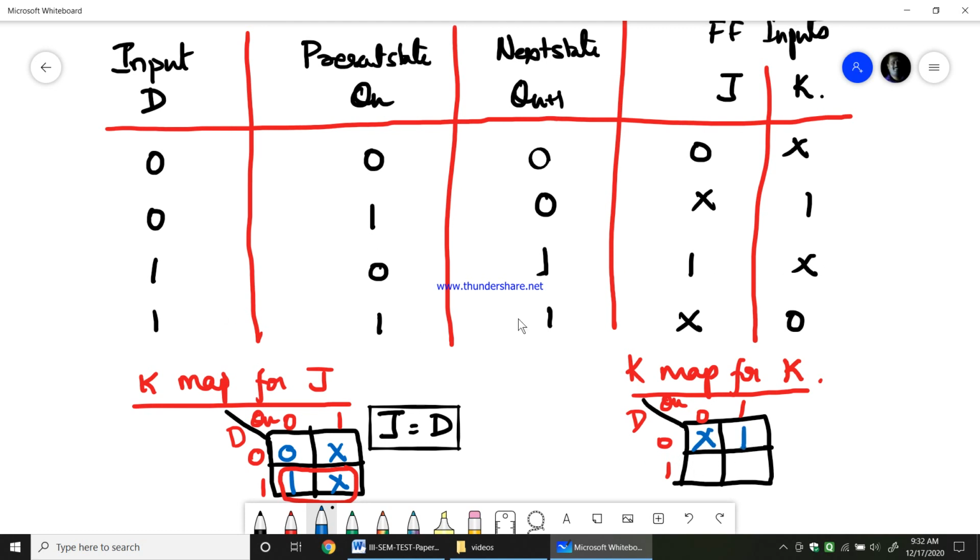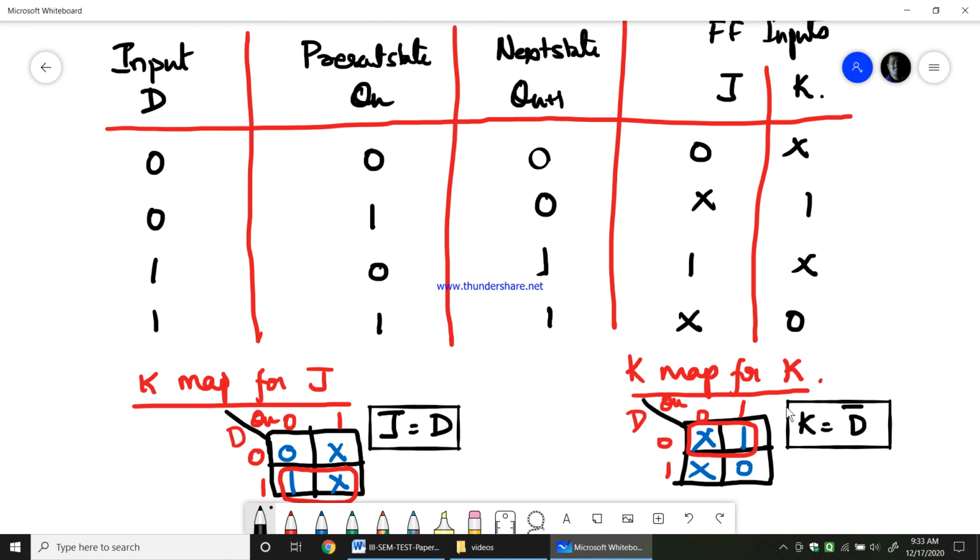For 1 0 it is don't care. For 1 1 it is 0. Okay. Now the grouping will happen with these two. Therefore K is equal to D bar.